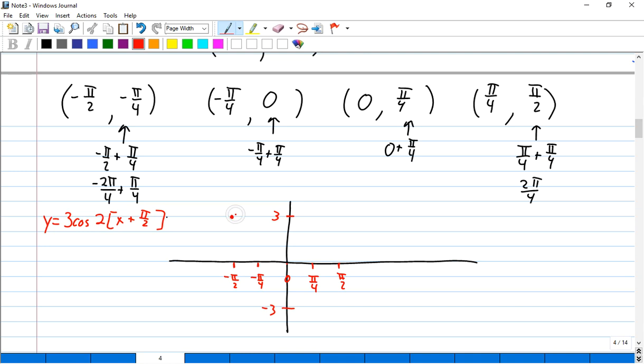Then at the next significant point for cosine, we cross. At the next significant point, we have a low point. At the next significant point, we cross. And at the last significant point, we have a high point. And we don't just draw a V. Remember, these are hills and valleys. So it looks something like that.